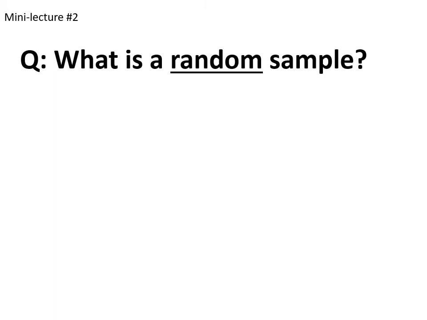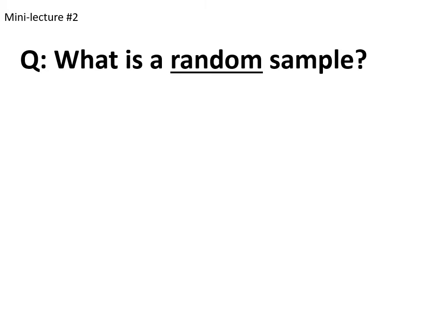So what is a random sample? I've sort of already given the story away. A random sample is likely to produce a representative sample, one that captures the true distribution of the underlying characteristic of the population.